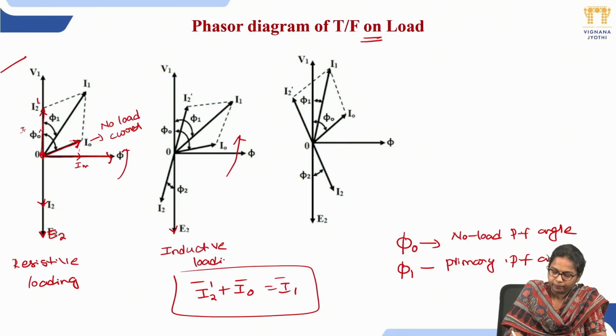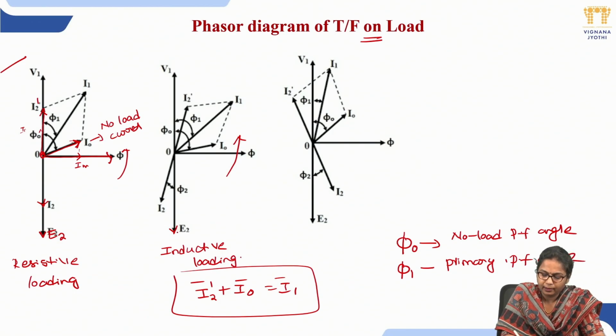Let us consider inductor loading, where I2 lags E2 by an angle of phi2. Here I0 is drawn with a very small magnitude, I2 dash is 180 degrees phase shifted, and by adding I2 dash and I0 we get our primary current I1.